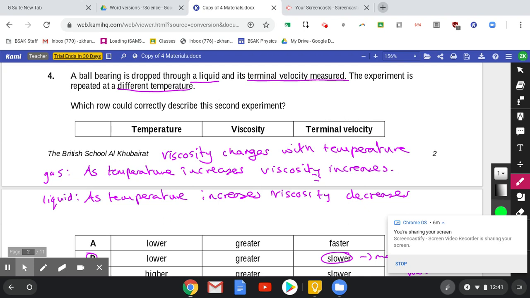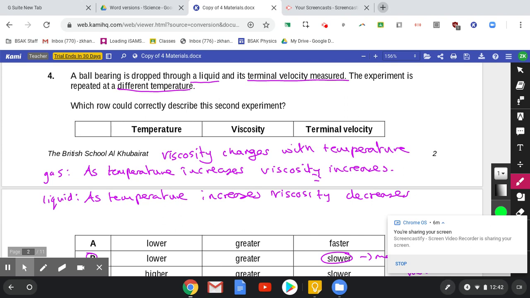Let's get into our heads the difference between viscosity and density. Density is the mass over the volume. So if I increase the temperature of a gas and keep the volume the same, the number of particles doesn't change, so the mass does not change.